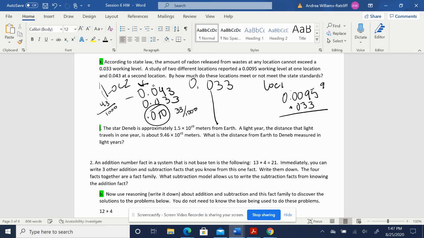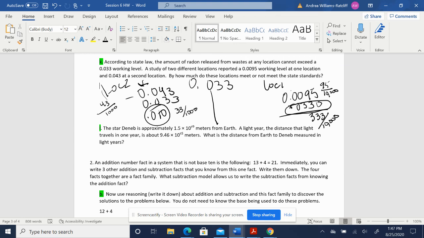This is 95 ten-thousandths. Whereas here we still have 33 thousandths. If we were to expand this to ten-thousandths, just so we could make it equivalent, as a part of the same whole, we would have 330. So it's easier to see that the standard is higher.